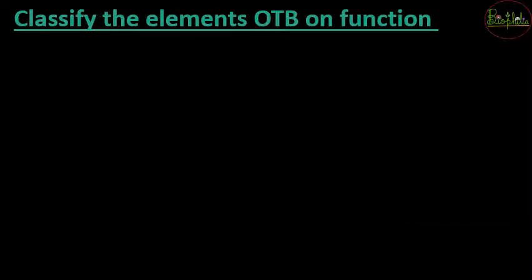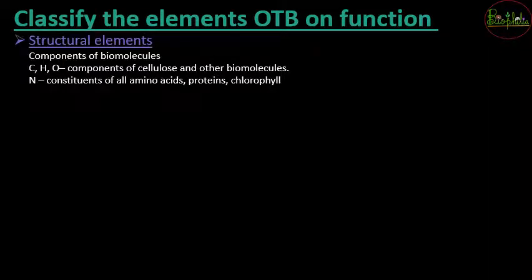Now let's move on to the last criteria of classification of essential elements, that is on the basis of function. So on the basis of function, first comes structural elements. So structural elements means they need to be the components of biomolecules.